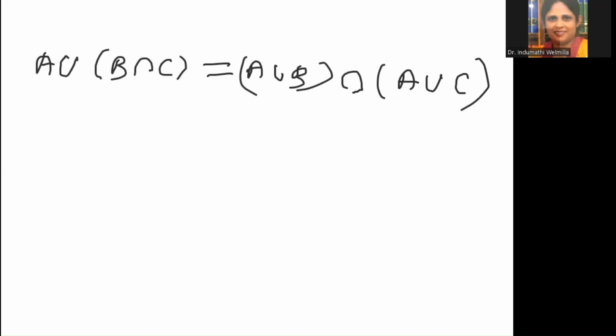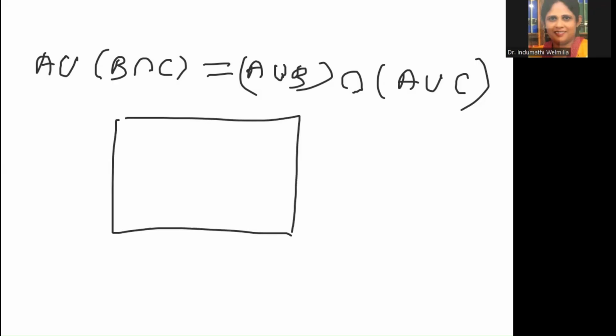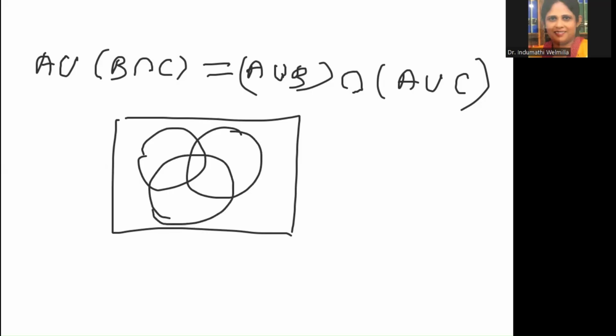These things we can further understand with the Venn diagram. You can see, if we have A, B, C, three sets, A union B is this part.